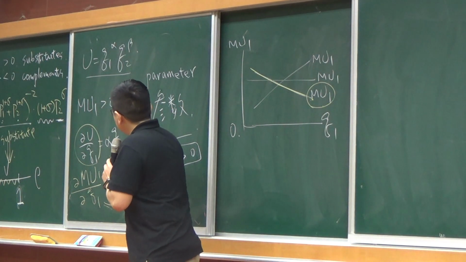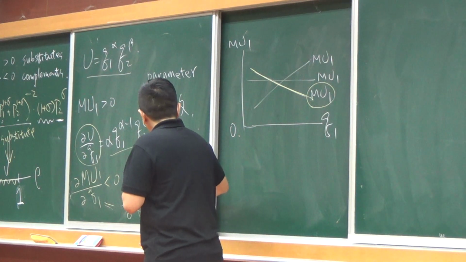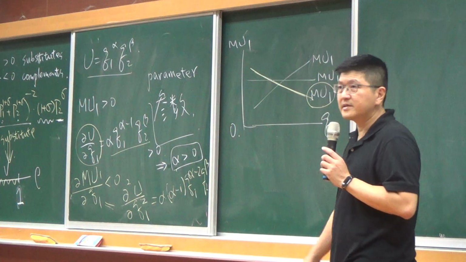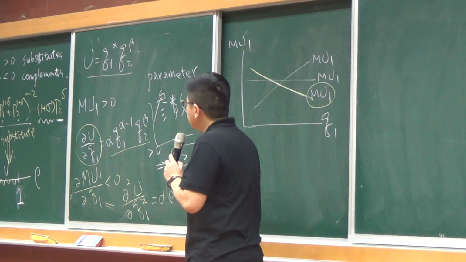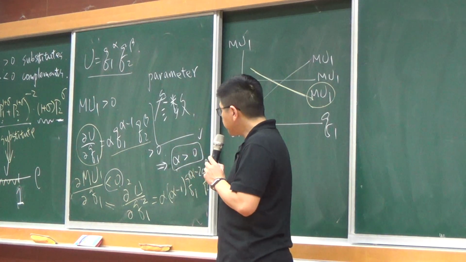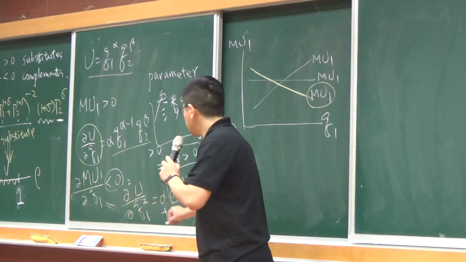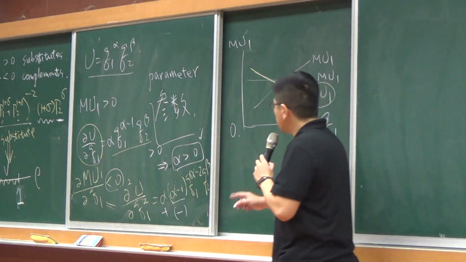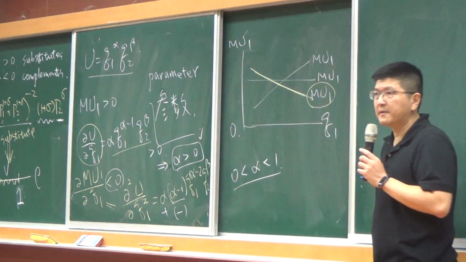So now we differentiate again. We will have alpha times alpha minus 1, Q1 to the power of alpha minus 2, Q2 to the power of beta. Is that right? And if we wish this to be negative, we already have the property that alpha is positive. And the only way to make this negative is to make alpha minus 1 negative. So alpha must be within this range.